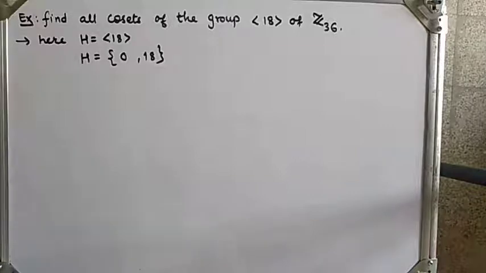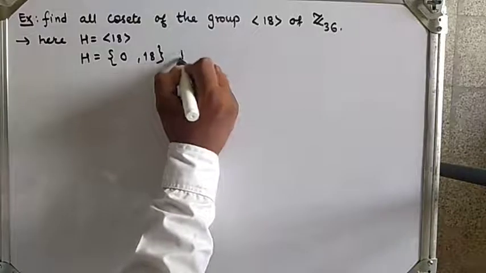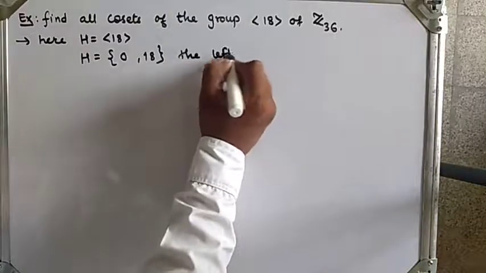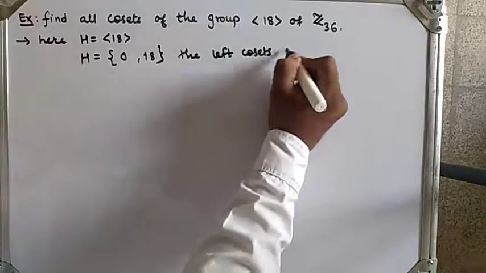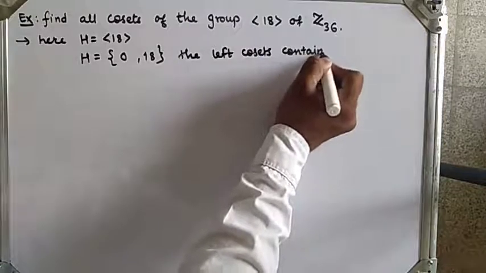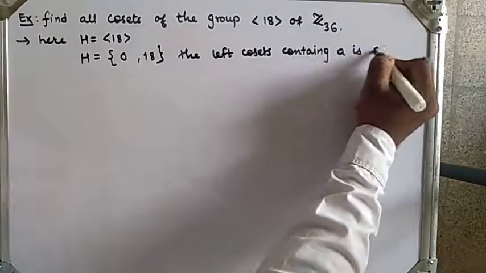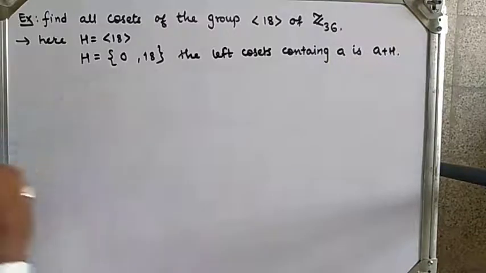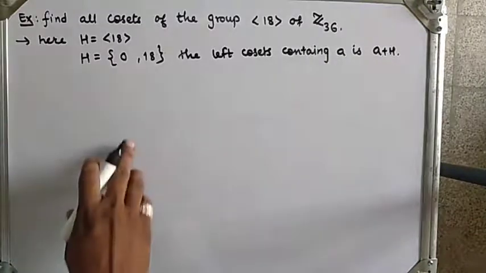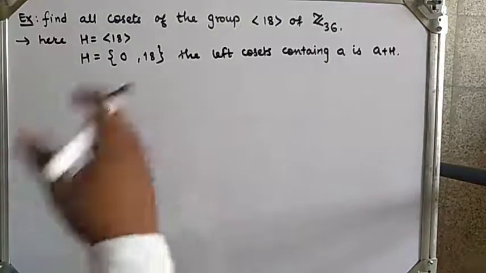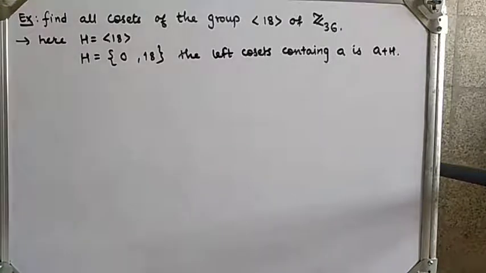Now to find out the left cosets containing a, it is a plus H. Now I will put a equal to 0, 1, 2 and so on to find the disjoint subsets.